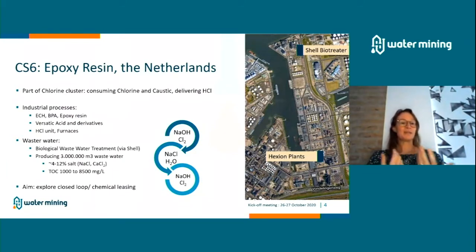So if we can refine these streams and recover this sodium chloride, give it back to Nourion, they can again begin the cycle of applying electrolysis and producing caustic and chlorine to deliver back to us. And then you come into a concept of chemical leasing rather than buying chemicals and sending them ultimately to the surface water.